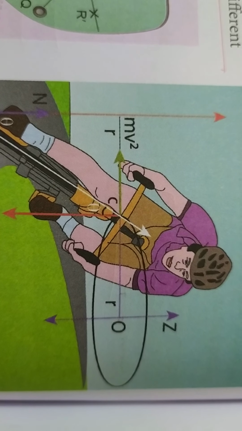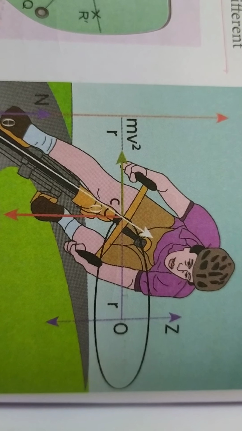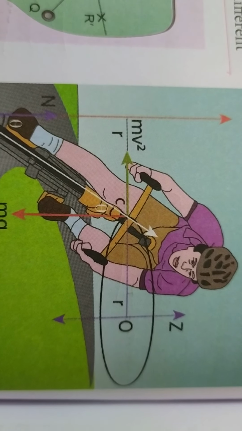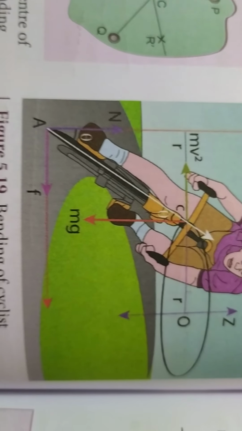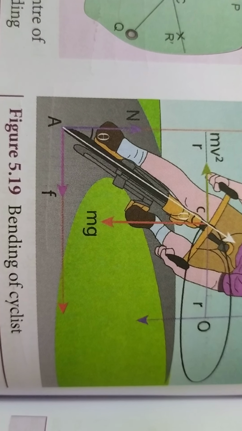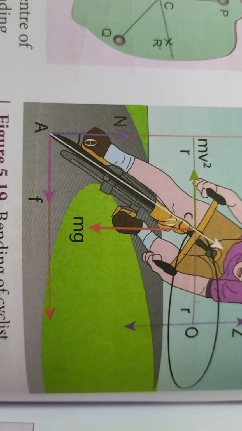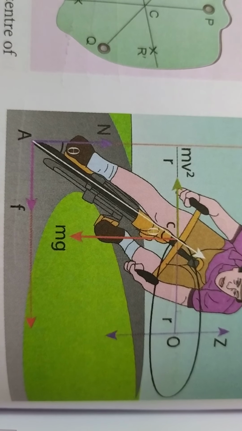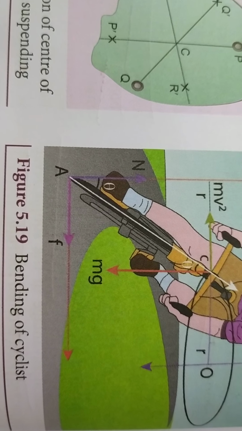Now you consider the x-axis and the y-axis. Here mv square by r is the centrifugal force. This is a pseudo force which acts outward, and this is balanced by the frictional force F, which acts inwards towards the center of the circle. mg acts vertically downward on the system, and N is the normal force acting upwards.